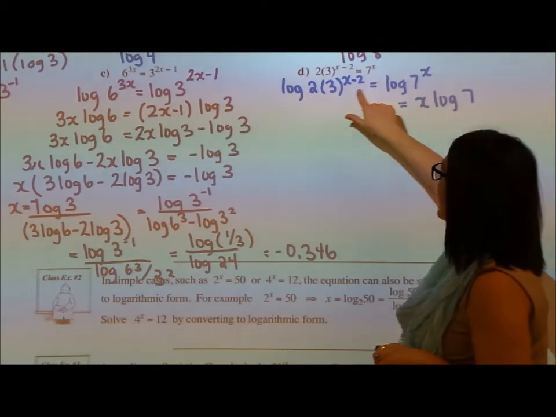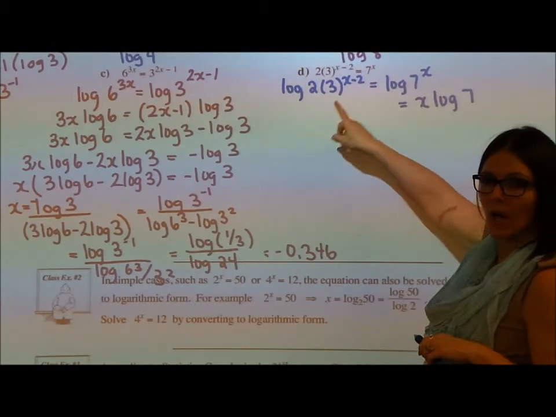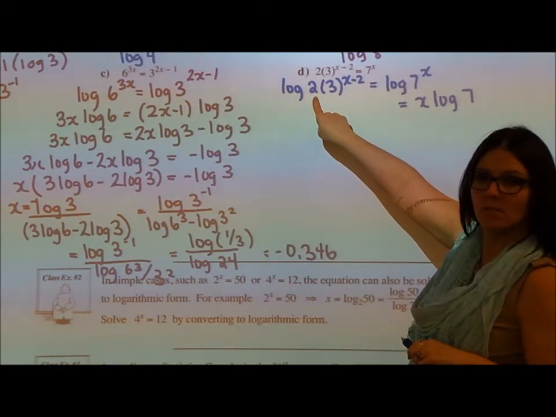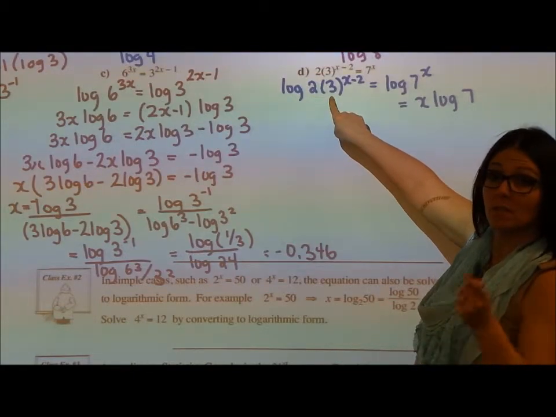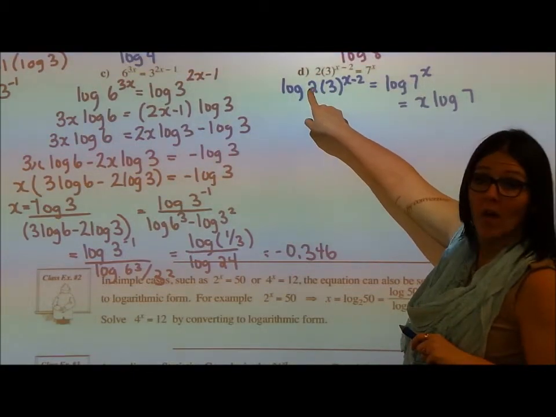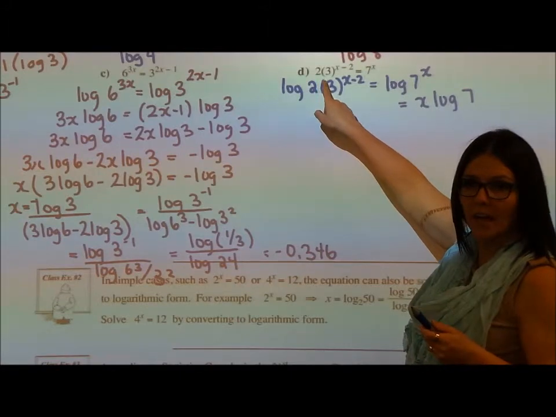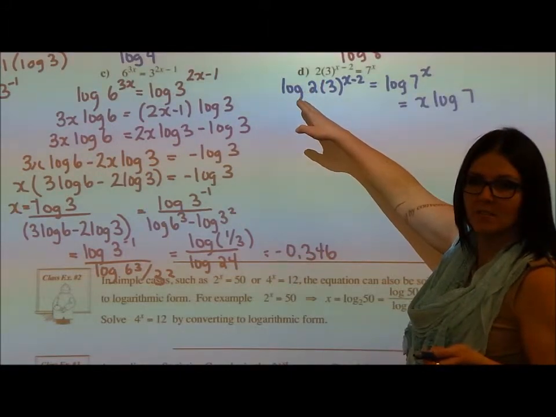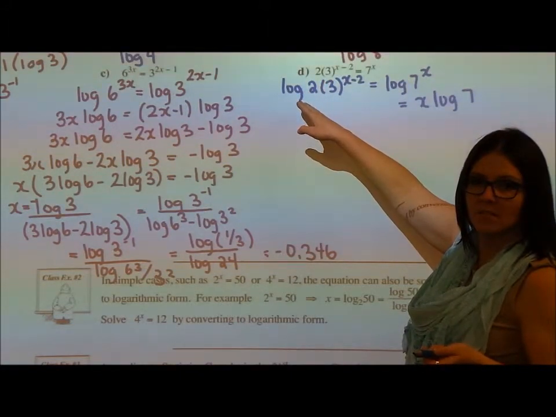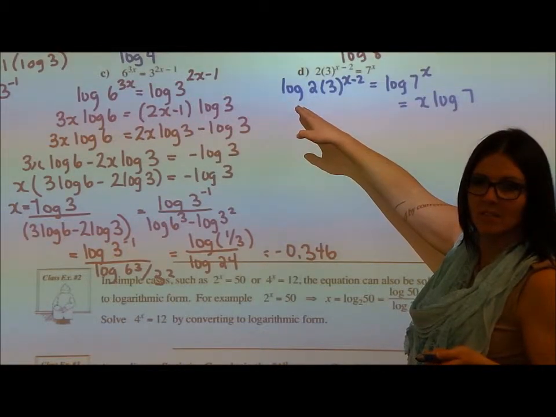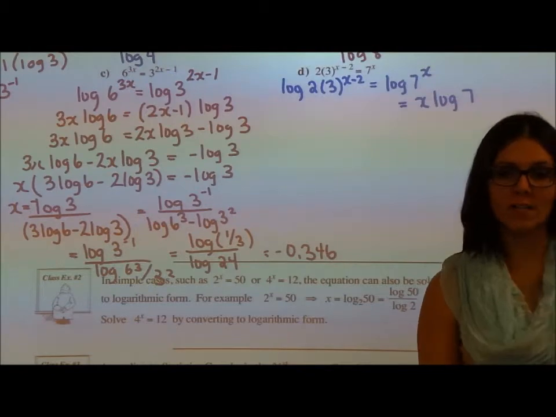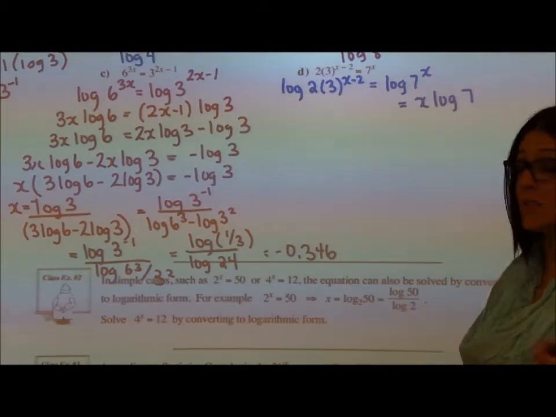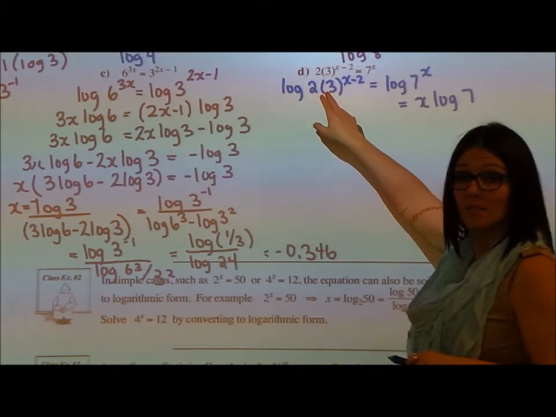What do I have right here? How would I read this? 2 times 3 to the power, times 3 to the power. So if I'm multiplying, what operation am I finding? What's another word for multiplying? I'm finding the product of two numbers. The product.